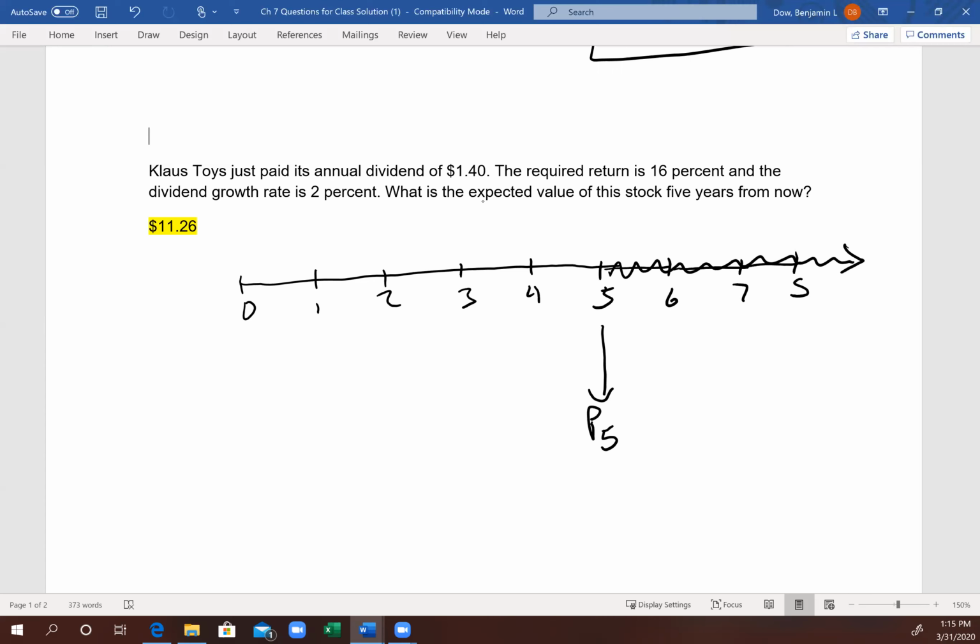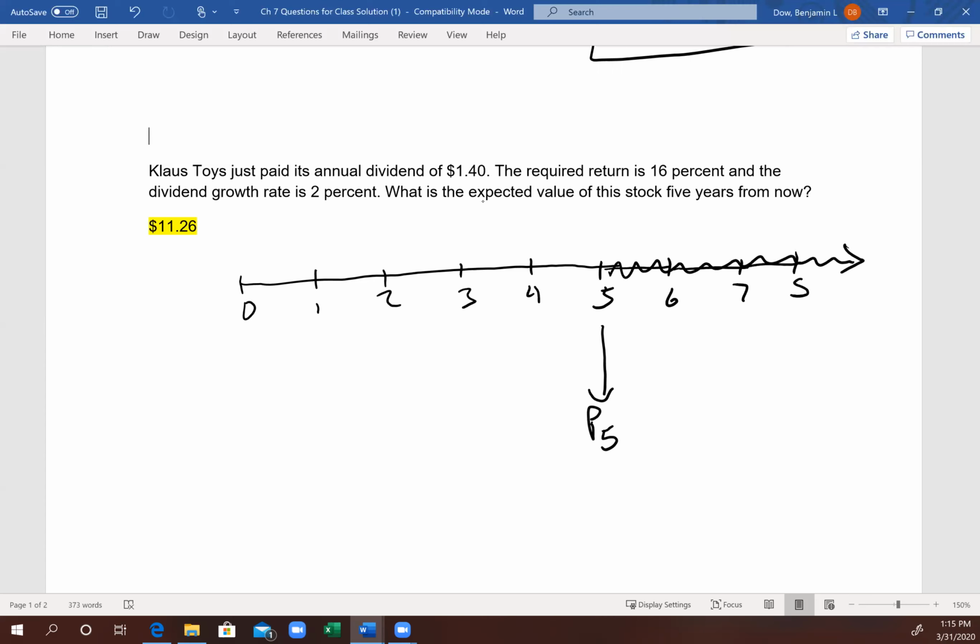But what you'll also notice as you look at this, while D2 can be found this way, you could also substitute back in, and D2 could also be found by taking D0 and multiplying it by 1 plus G squared. Because you're taking D0 times 1.02 to find D1, then taking D1 times 1.02 to find D2.